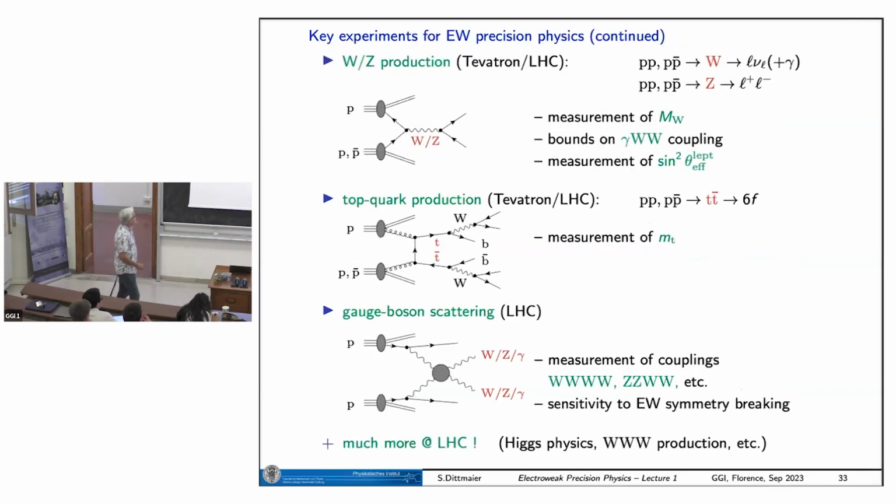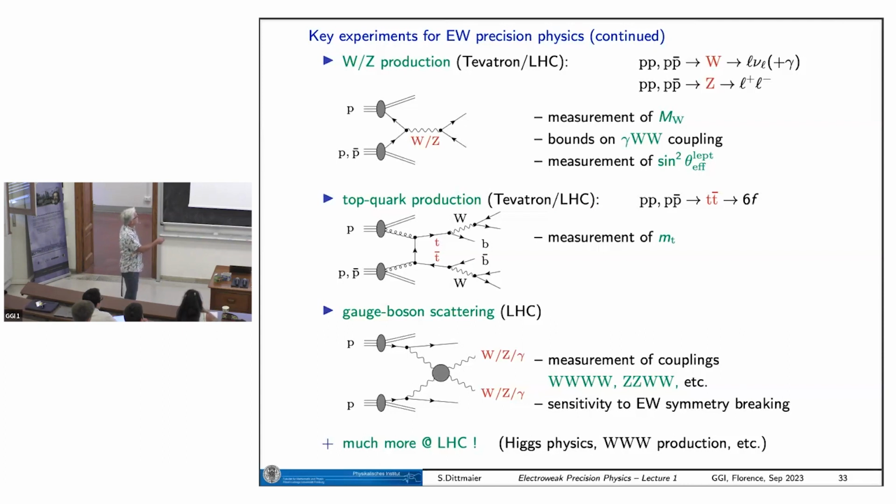So moving on, we are here already entering the time where hadron colliders took over the lead in precision physics, first Tevatron, meanwhile the LHC. And there, of course, also single W boson and Z production is among the most important processes. Again, you can measure with very high precision, even higher than at LEP, the W boson mass.